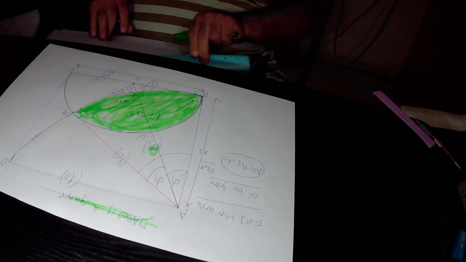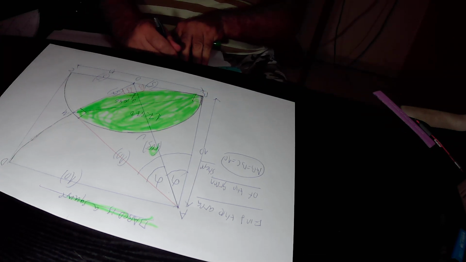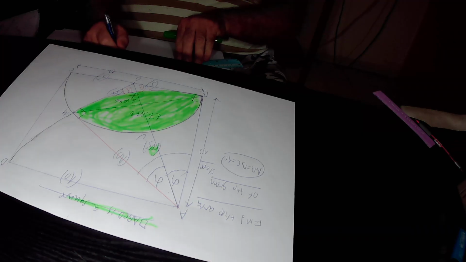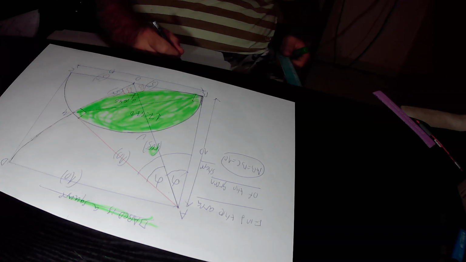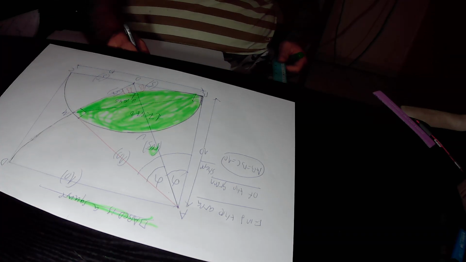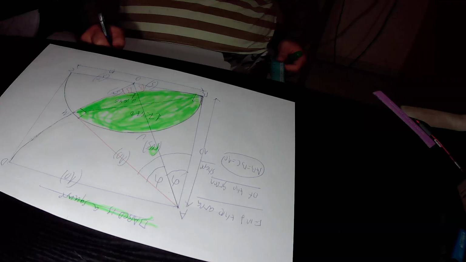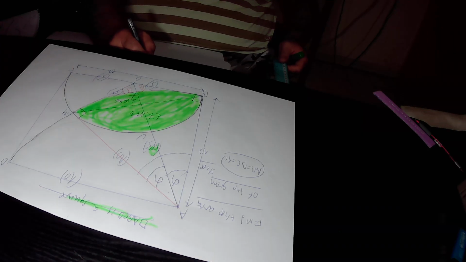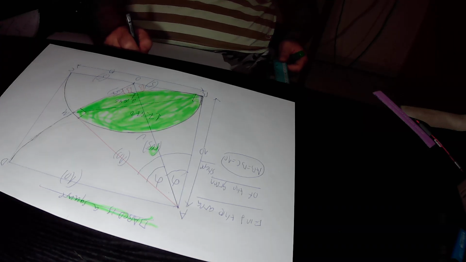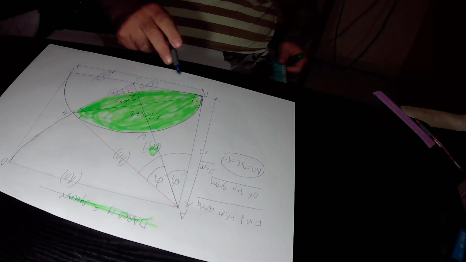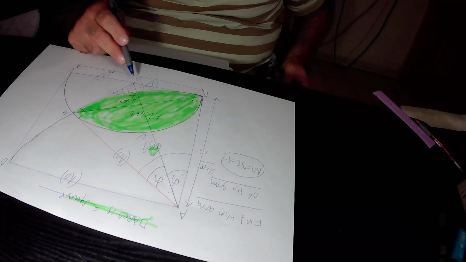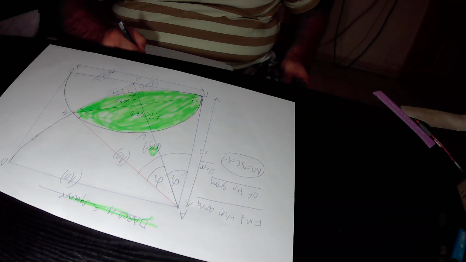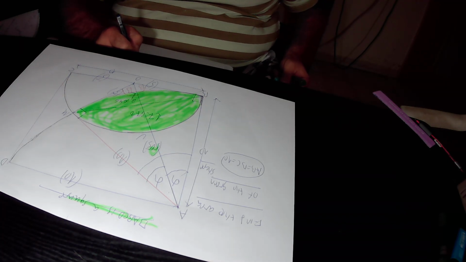So the area of the green shape in total equals the area of the upper segment BOM, that equals 17.678 square inches in its size, plus the area of the lower segment BLM, that equals 6.3646 square inches in its size.